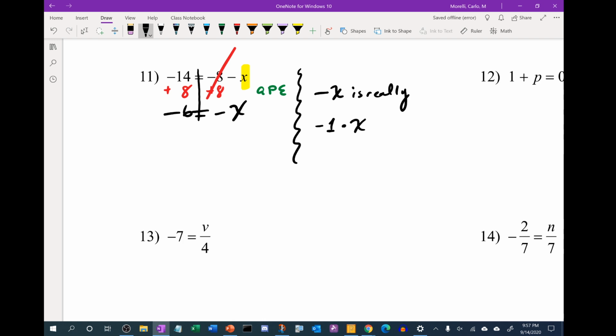So this is simplification. And now I'm just going to rewrite this as negative 6 equals negative 1 times x. And this is just a rewrite. Now I need to do the inverse operation of multiplication, which is division. So I'm going to go through and divide everything by negative 1.